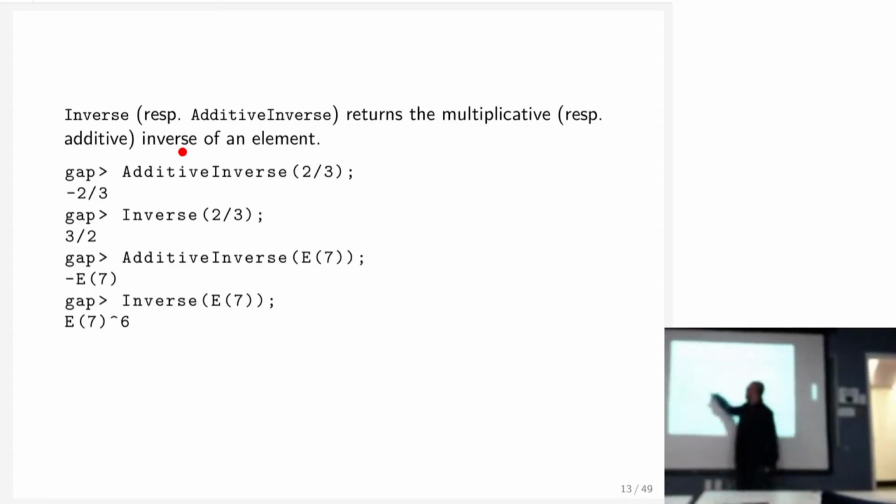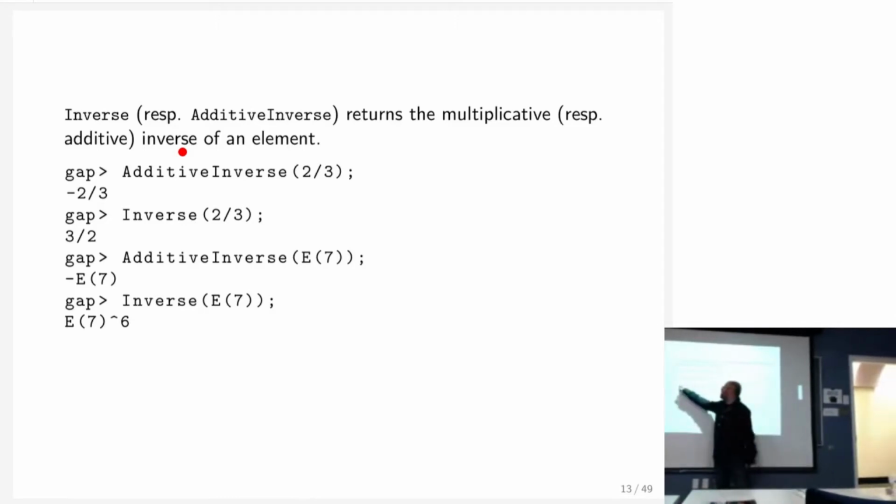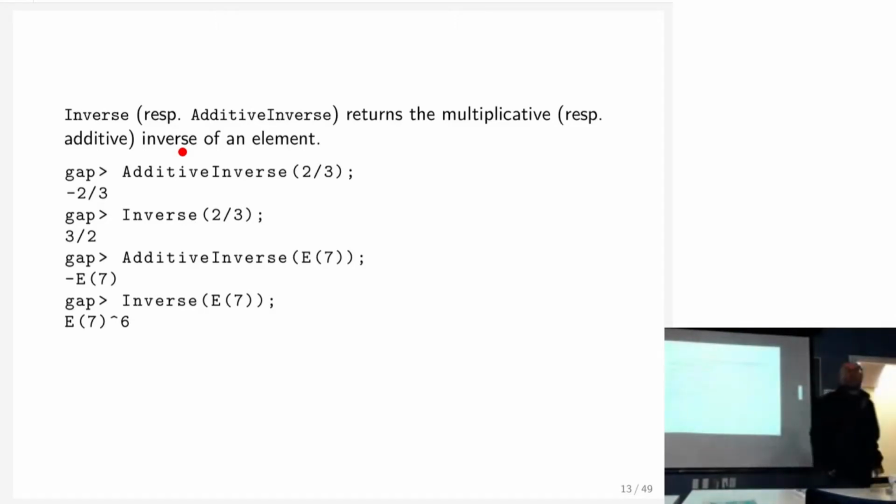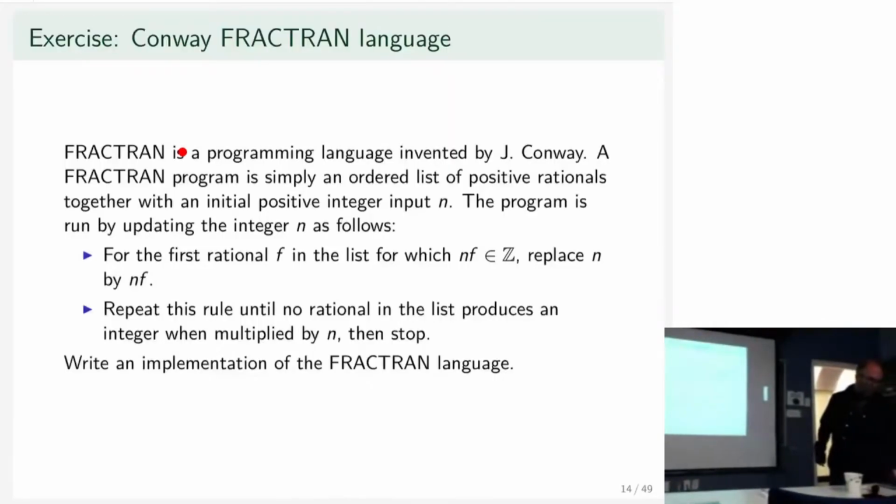But then you have a different version of the inverse for additive numbers, and then you add Additive at the beginning, again with a capital. So if we write all of it in small letters? No, it will not work because it's a different function. If you write additive with a lowercase a, then it is not the same, and it will not recognize the function. Okay. Good.